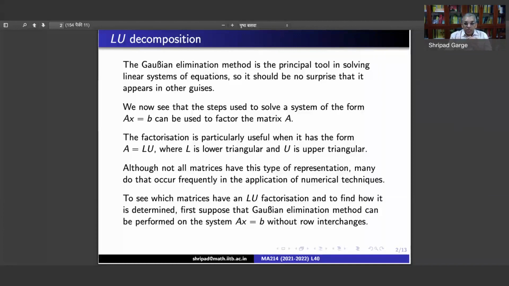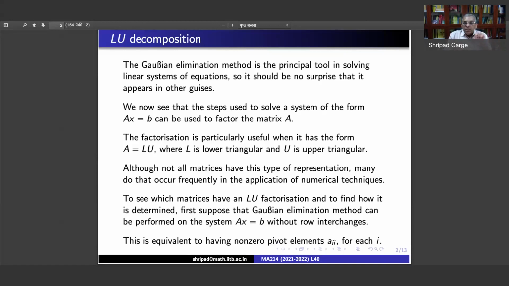Okay, so let's start with some such Ax = b for any b. Let's not worry ourselves with what the matrix b will be, it's just some matrix. Now we assume that this system is one to which we can apply Gaussian elimination without any row interchange. This is equivalent to having non-zero pivot elements a_ii for each i.